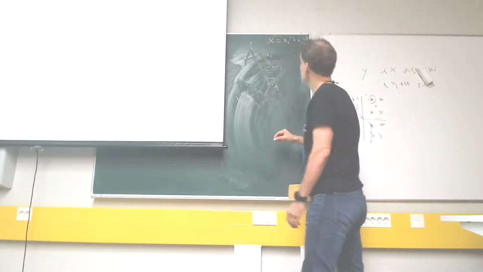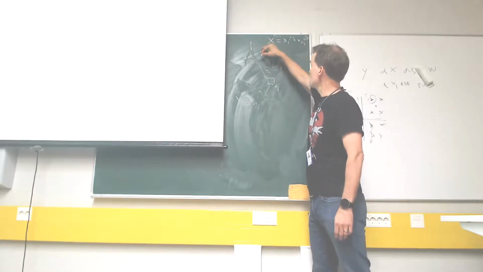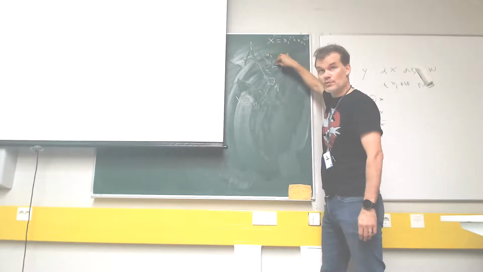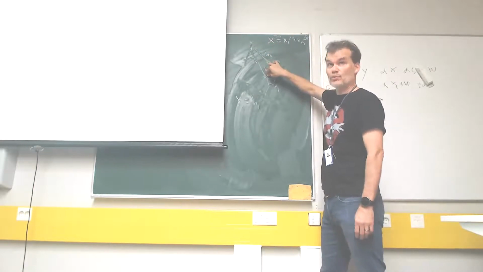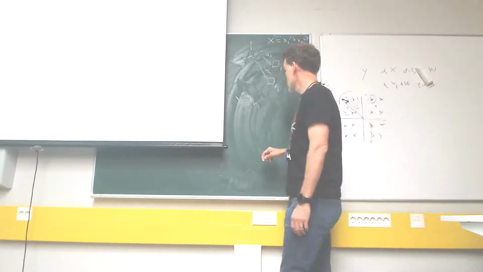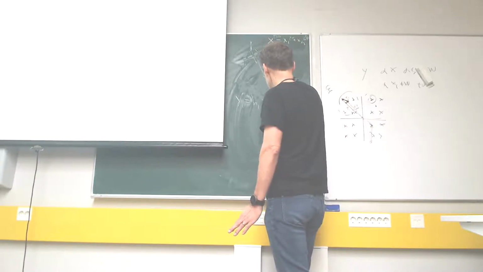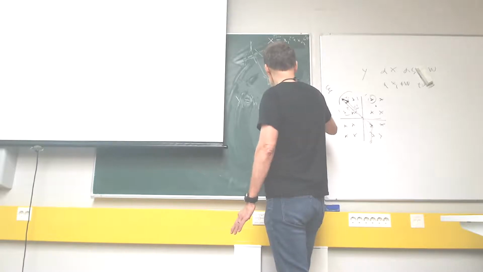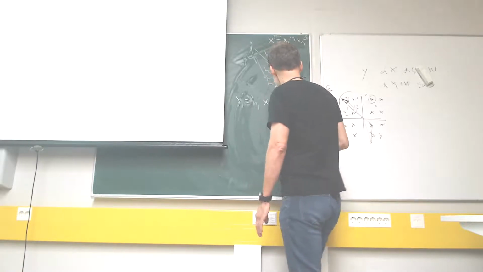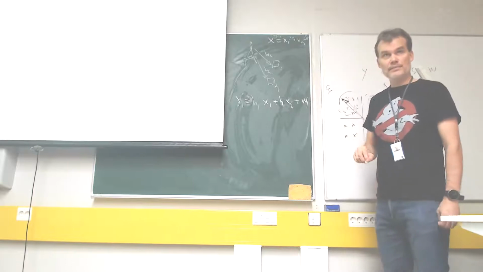The transmitted signal X is a superposition of the message intended for user 1 and the message intended for user 2. So user 1 receives H1 X1 plus H1 X2 plus noise at user 1.